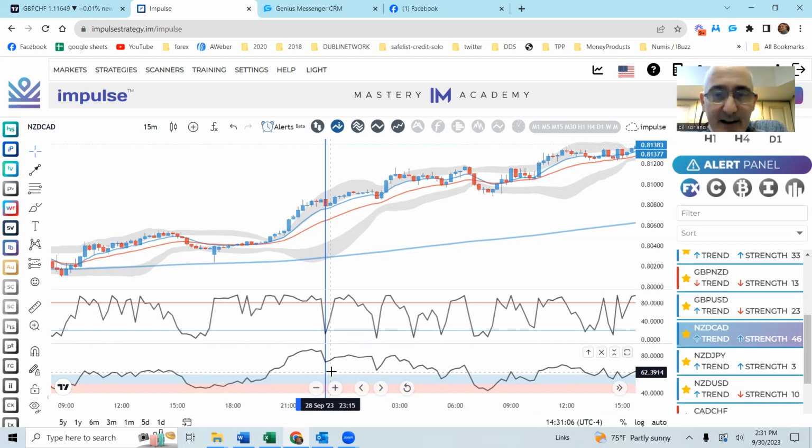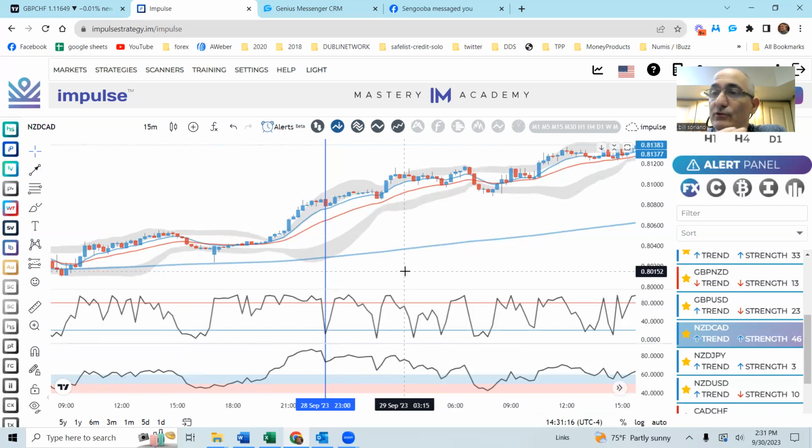That's what we need. Normally it's the stochastic indicator here that gives you the actual last reason to take the trade, and then you just have to make sure the RSI lines up.